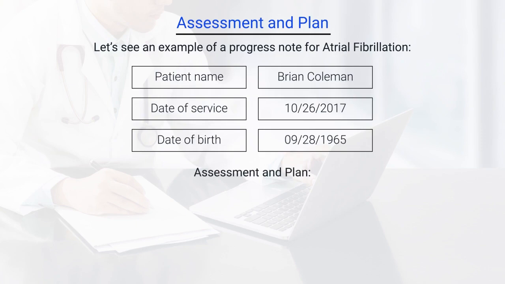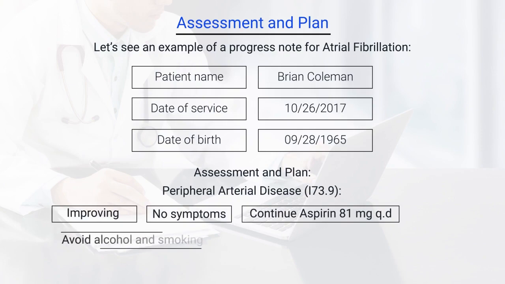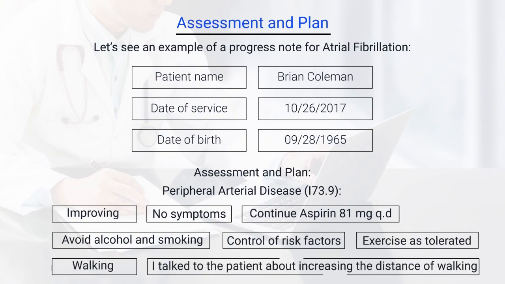Assessment and plan: peripheral arterial disease, I73.9. Improving. No symptoms. Continue aspirin 81 mg qd. Avoid alcohol and smoking. Control of risk factors. Exercise as tolerated. Walking. I talked to the patient about increasing the distance of walking.